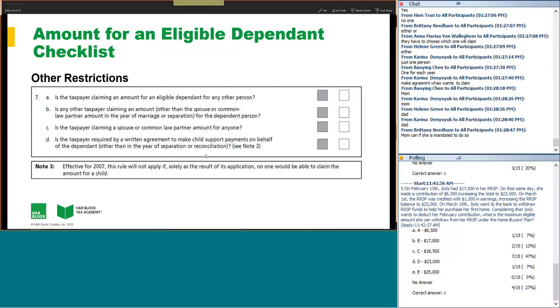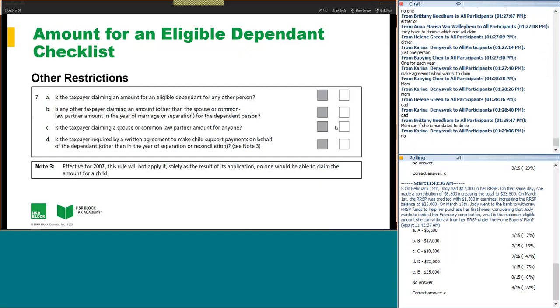If mom is mandated to make child support payments and I say yes, can mom claim the child as an eligible dependent? No. Because I hit a gray box. If she is paying child support because of a court order or a written agreement, separation agreement, divorce agreement, whatever, no, mom cannot claim eligible dependent.